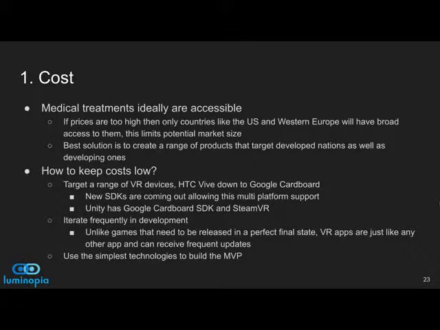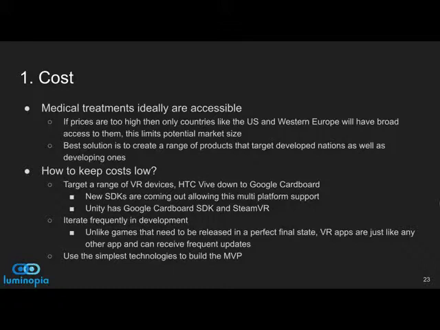Another important feature is iterating frequently during development. Unlike games, which need to be released basically in a final state that's perfect, VR you don't always have to treat like games, even though it's very similar to games. You can treat it like normal apps, which means you can release versions that maybe aren't perfect, but you can receive feedback on those, and then you can iterate and do frequent updates.